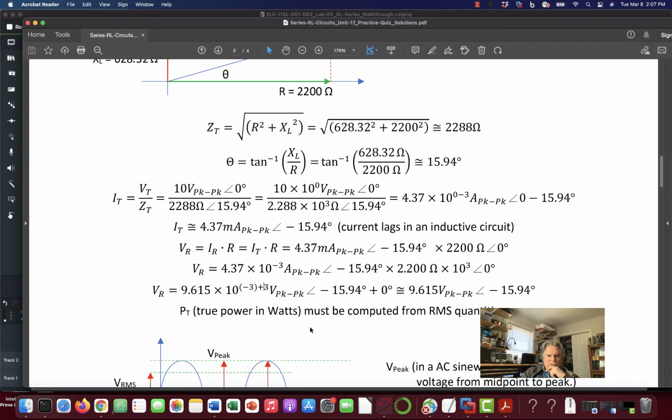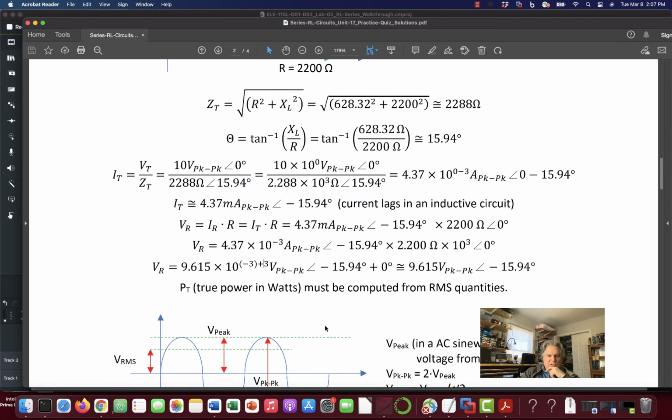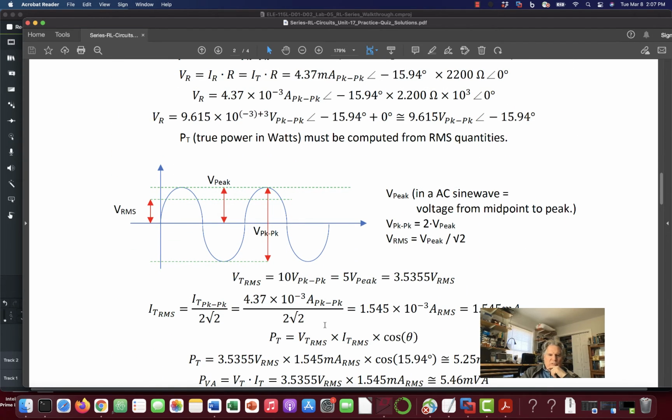Now, they ask for the true power in milliwatts. Well, true power must be calculated from RMS quantities, okay? If you look at a sine wave, this is a pretty funky looking sine wave because I made it out of graphics objects, but this sine wave has no DC offset. We're just talking about a pure AC sine wave.